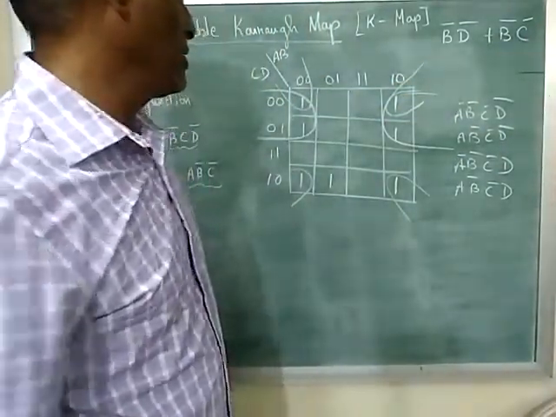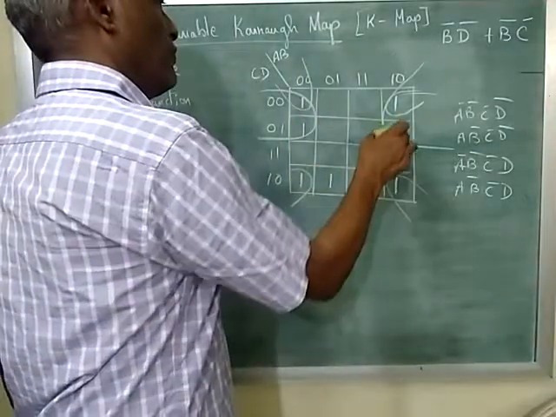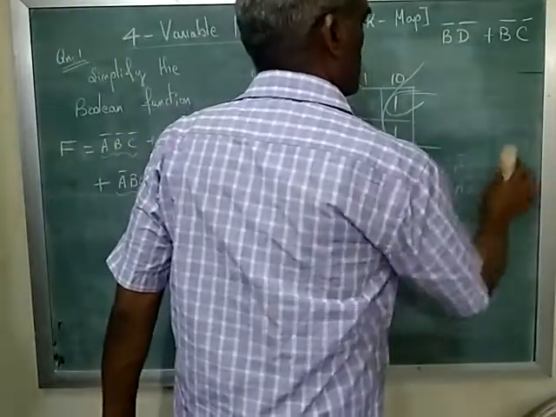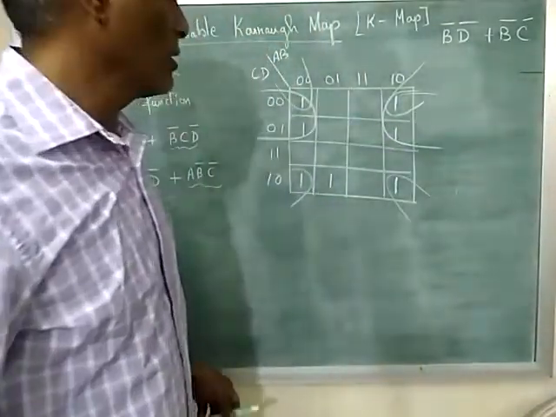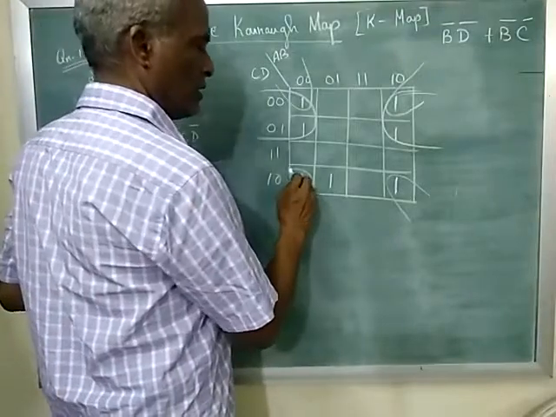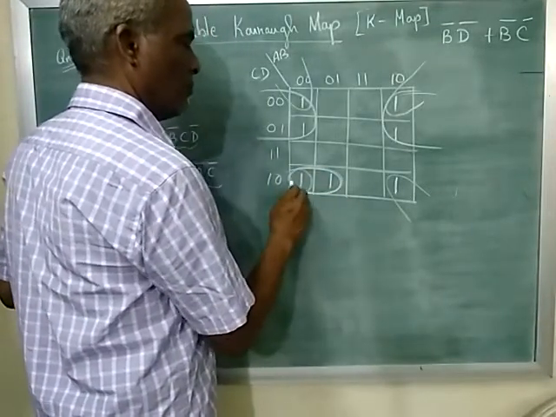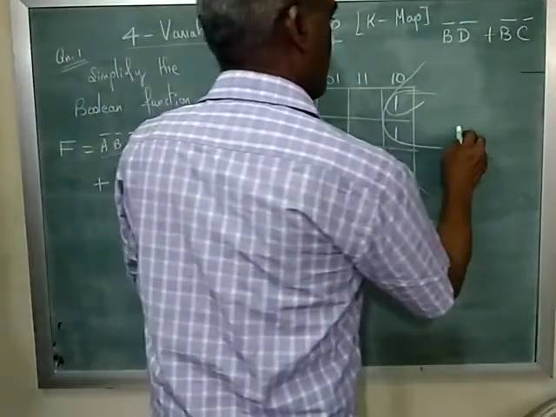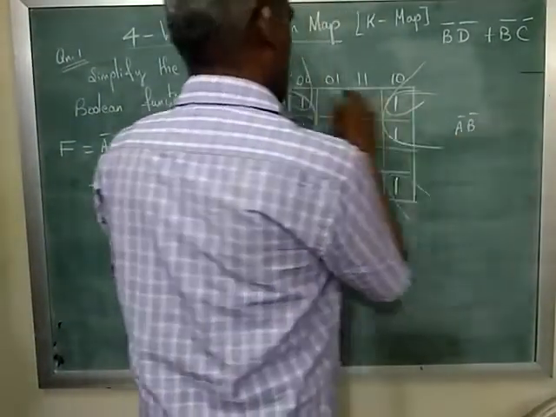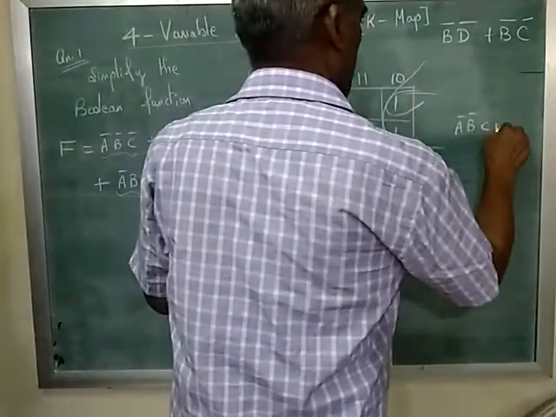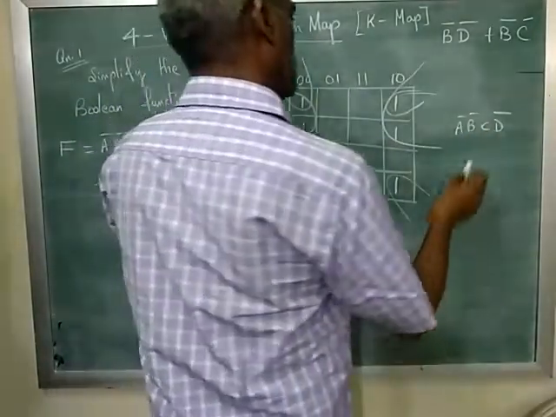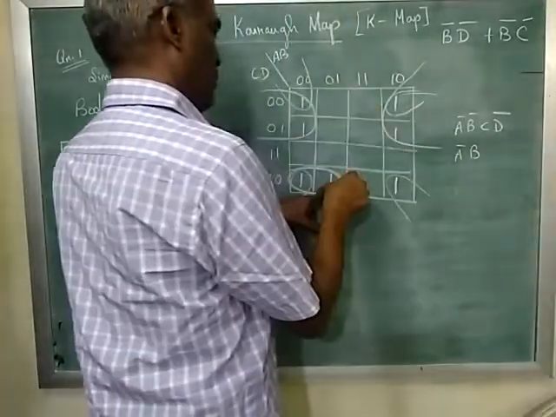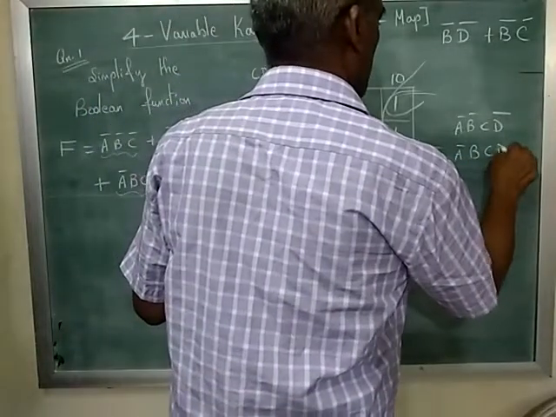Okay. Now we have finished 1, 2, 3, 4, 5, 6. 6 ones we have combined, only 1 is left out. So this has to be combined now. How to combine? The only possible way is these 2 can be combined. For this box we have A bar, B bar, then C, D bar. And for this box we have A bar, B, then C, D bar.